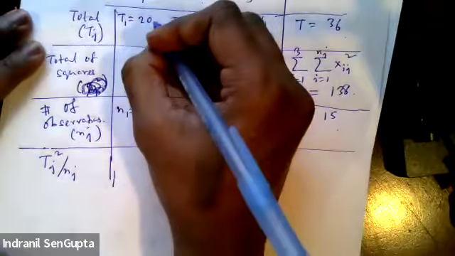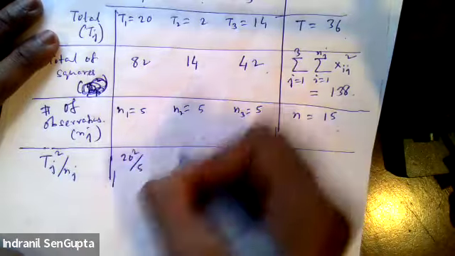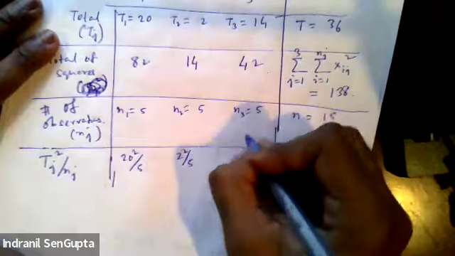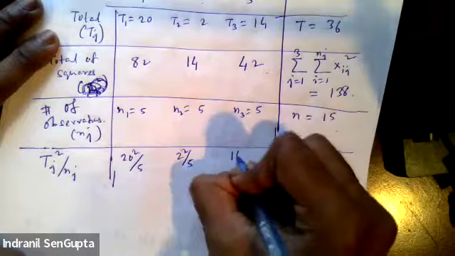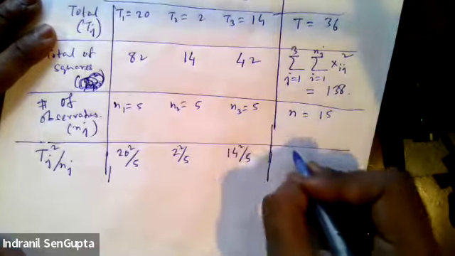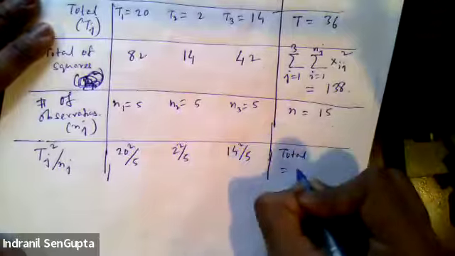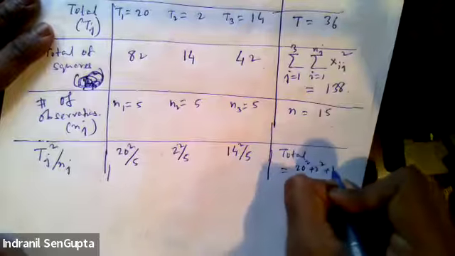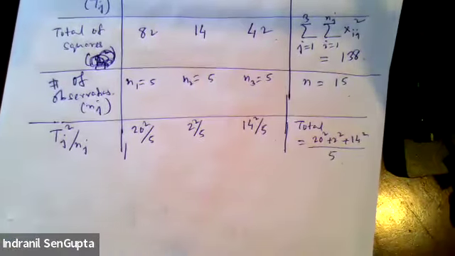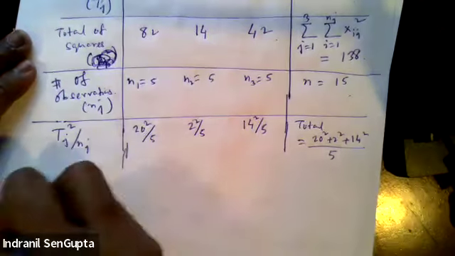The first one is 20 squared over 5. Second one is 2 squared over 5. Third one is 14 squared over 5. So here's the sum: 20 squared plus 2 squared plus 14 squared, each over 5.